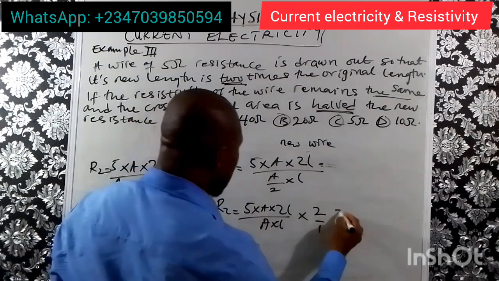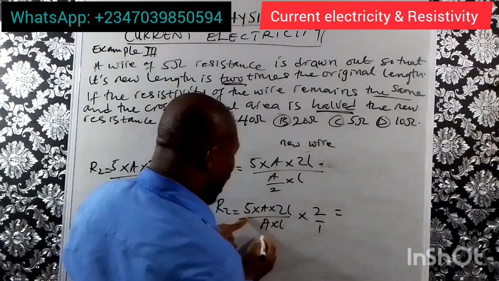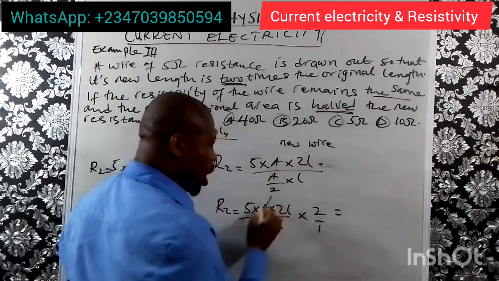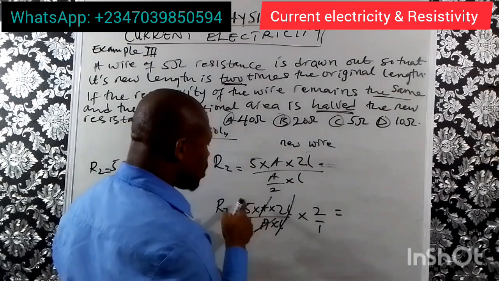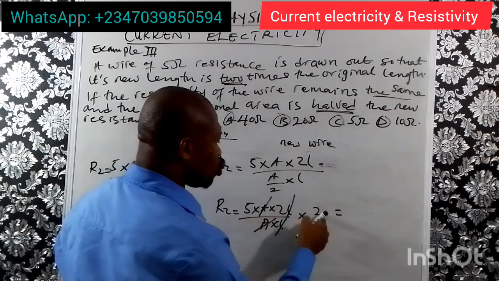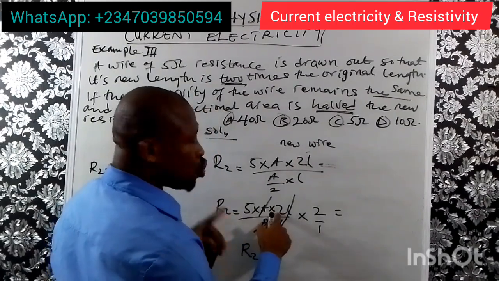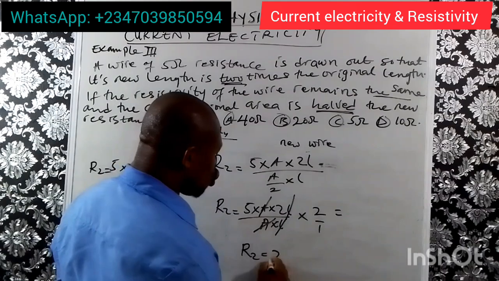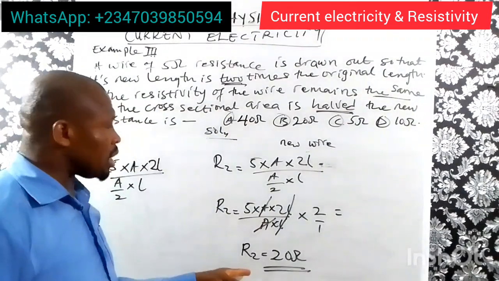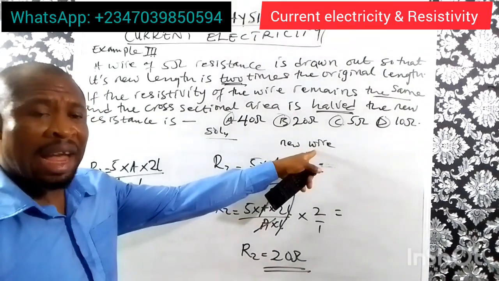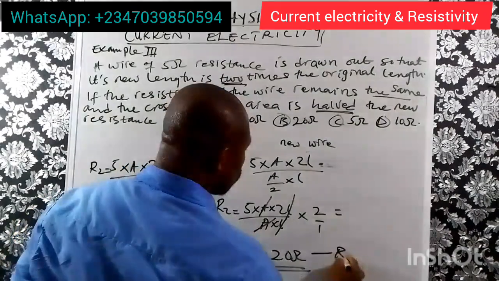A cancels A, L cancels L. So we have 5 times 2 times 2, which gives R2 equal to 5 times 2, 10, 10 times 2, 20 ohms. Therefore, the resistance of the new wire is 20 ohms, and of course it is option B.